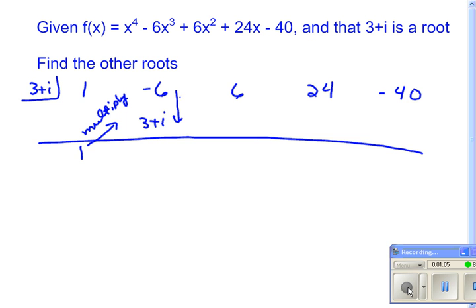To get back down, you add. If you take -6 plus 3, you get -3. And you cannot add the i to it, so just plus i.